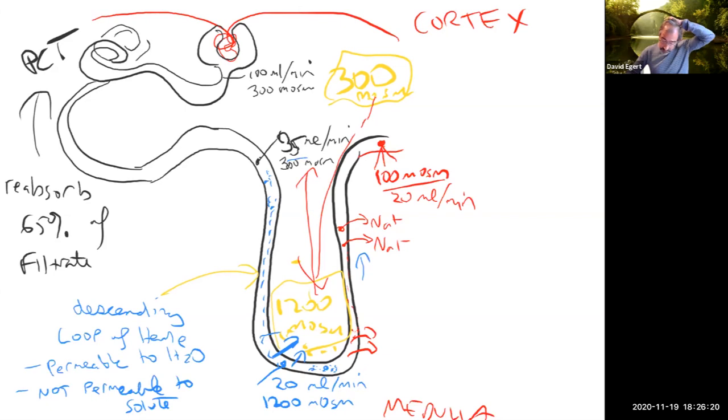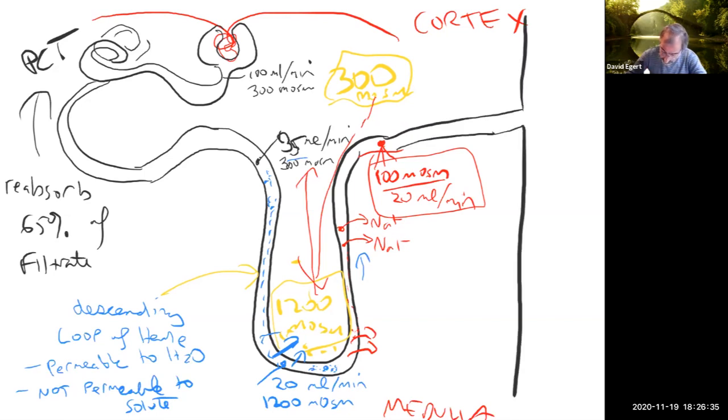So we have much more dilute fluid, but 20 mils per minute is still a lot of fluid. This is going to finally go into this collecting duct, which we need to talk about as the last part of this.